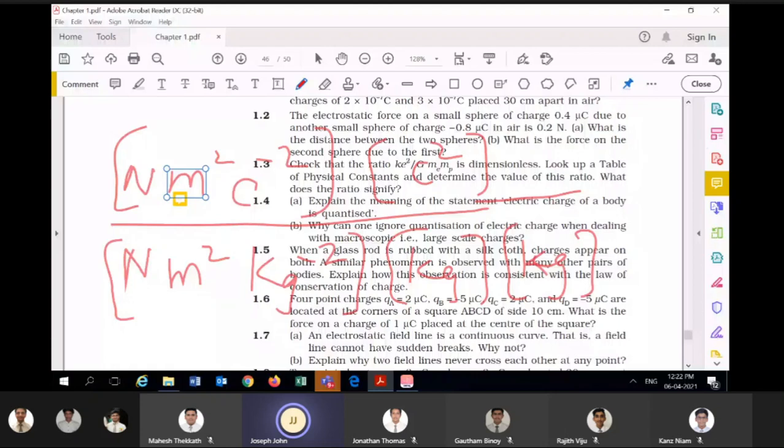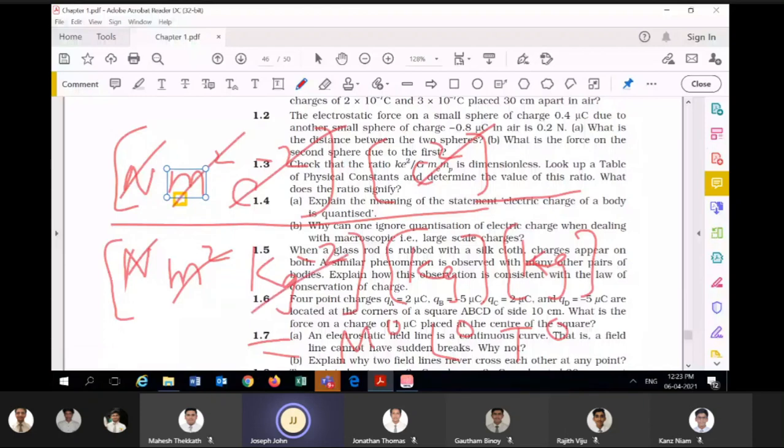You can write it as dimensionless, M raised to 0, L raised to 0, T raised to 0. Because nothing is there, it will come as 1 only, you know that? Is it 1 only, correct? C squared and C minus 2 cancels. N and N cancels. M squared cancels. Kg squared and Kg minus 2 cancels, isn't it?